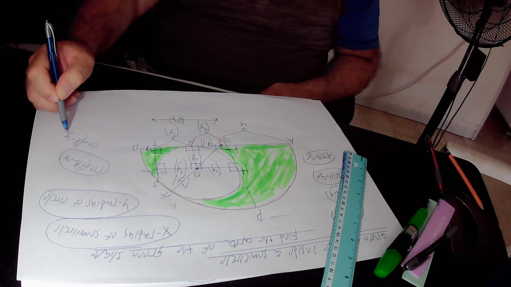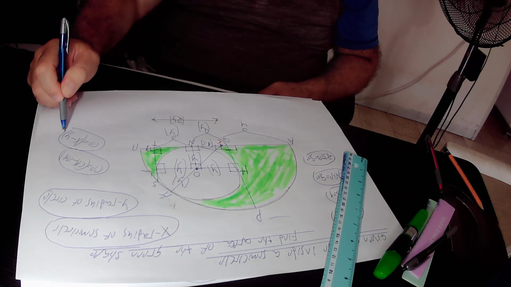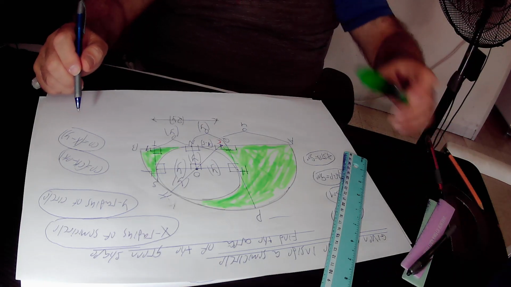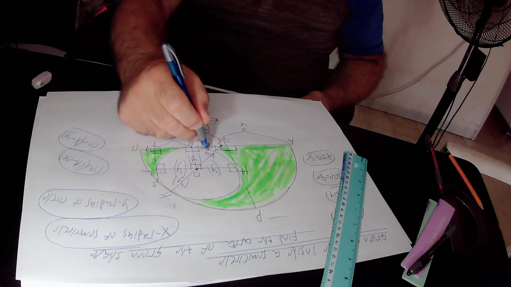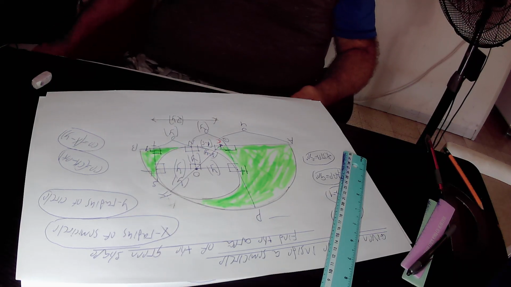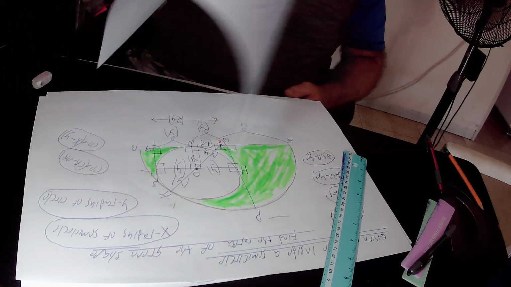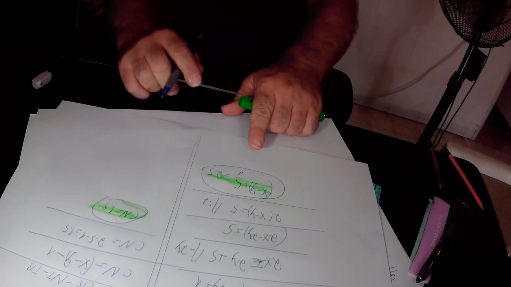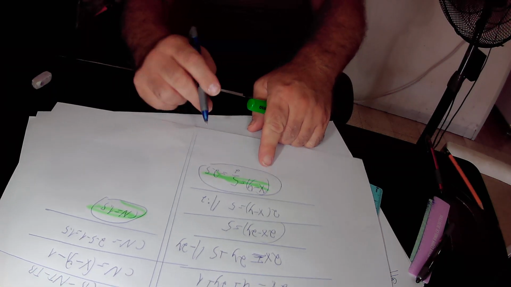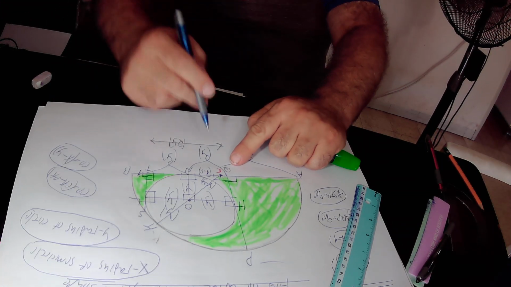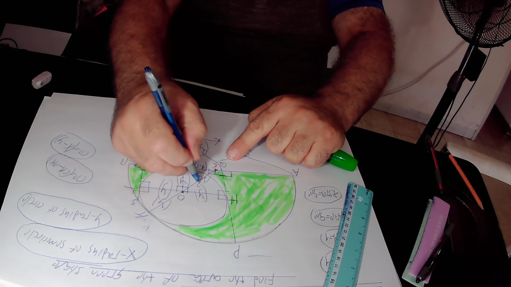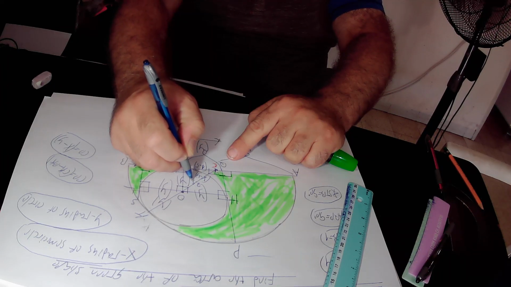So CO equals x minus y. But we have already found out that x minus y equals 2.5. Therefore CO is equal to 2.5 units in its length.